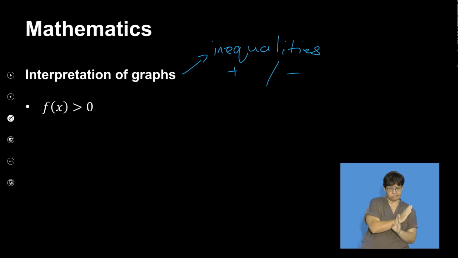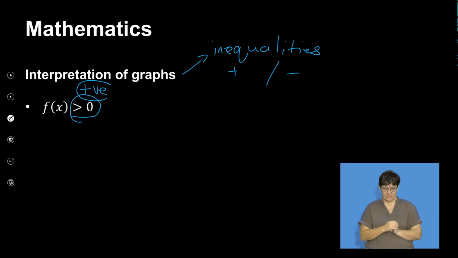The very first interpretation will be when they say to you f of x or g of x or h of x, it doesn't really matter which function, is greater than 0. This simply means that the graph is positive, because remember, f of x and g of x and h of x normally represent y.